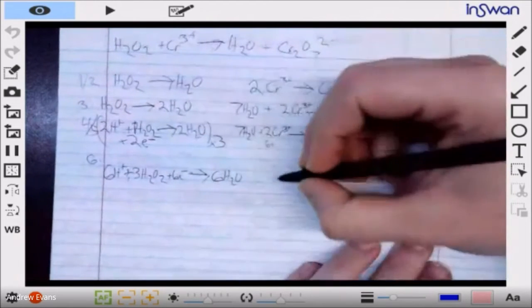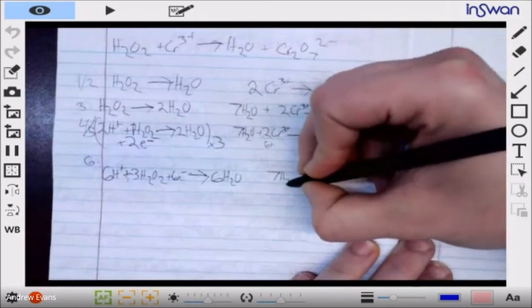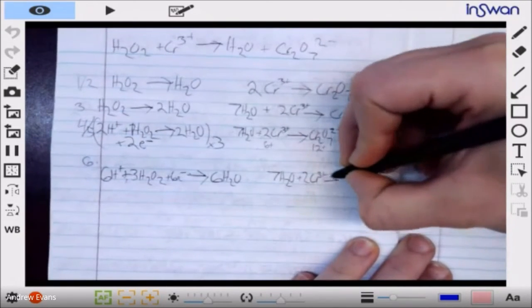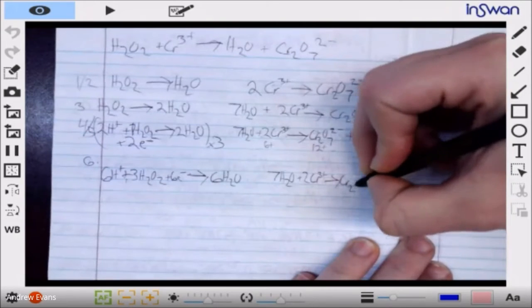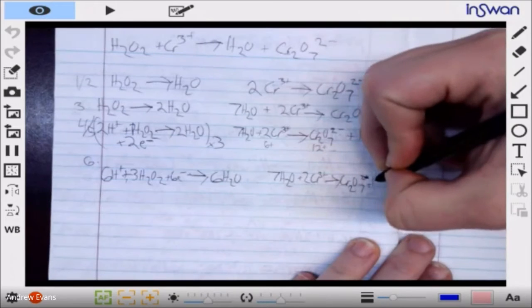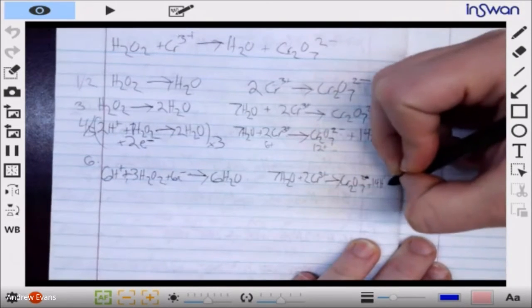And this is just going to stay 7 waters, 2 chromiums, 1 dichromate, 14 protons, and 6 electrons.